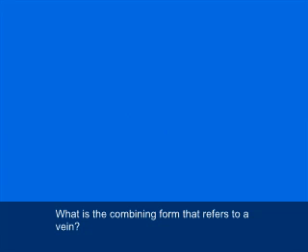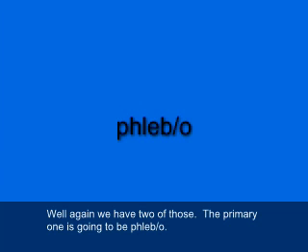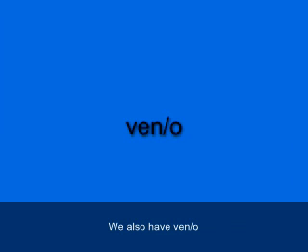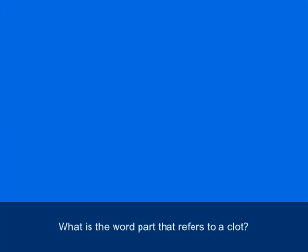What is the combining form that refers to a vein? Well, again, we have two of those. Probably the primary one is going to be phlebo, PHLEB/O. We also have veno, VEN/O. What is the word part that refers to a clot?